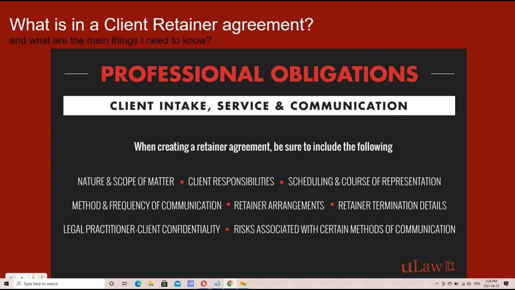And the last thing that we often talk about is the financial agreement with regards to this matter. What is the retainer? What's the retainer top-up cycle? If it's not a retainer, or let's continue with that retainer, if it's a top-up, then how often? How often do you plan to generate an invoice? Are disbursements included?